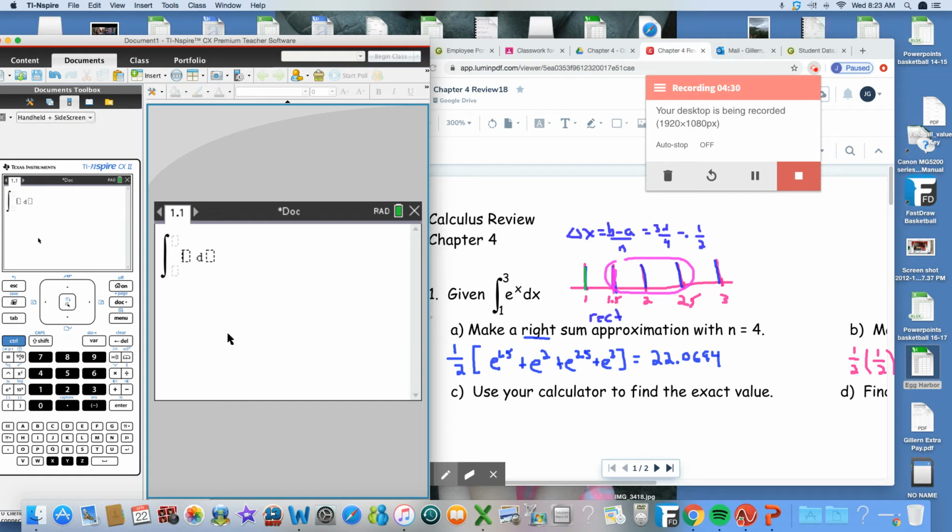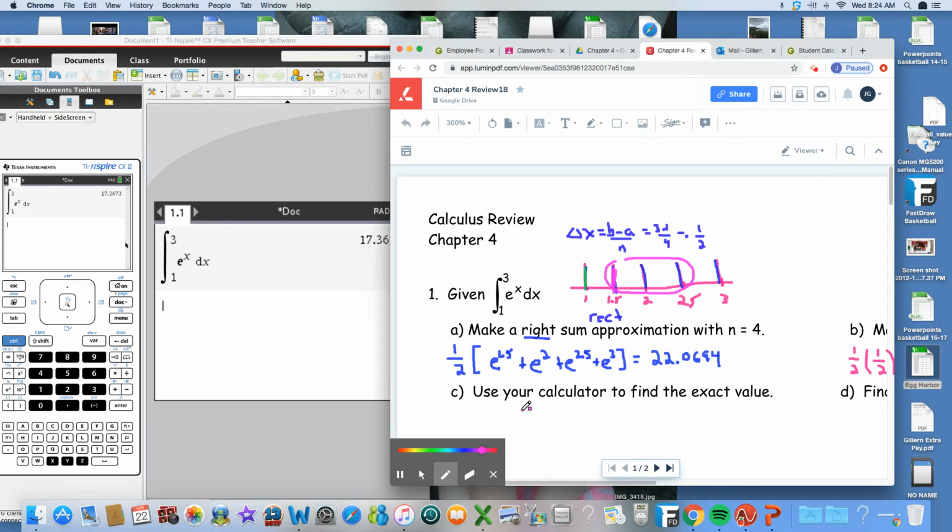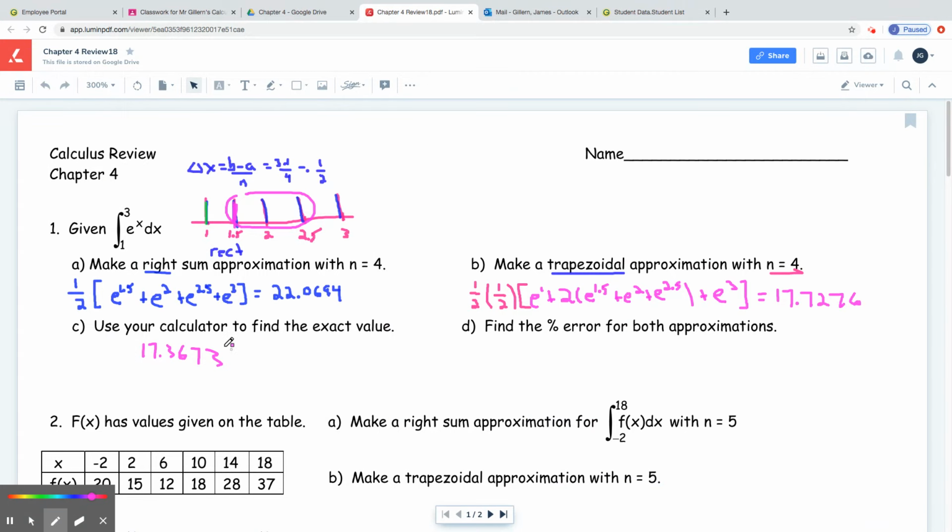So it's going to be from 1 to 3, e to the x dx, and hit enter. And we get an answer of 17.3673.